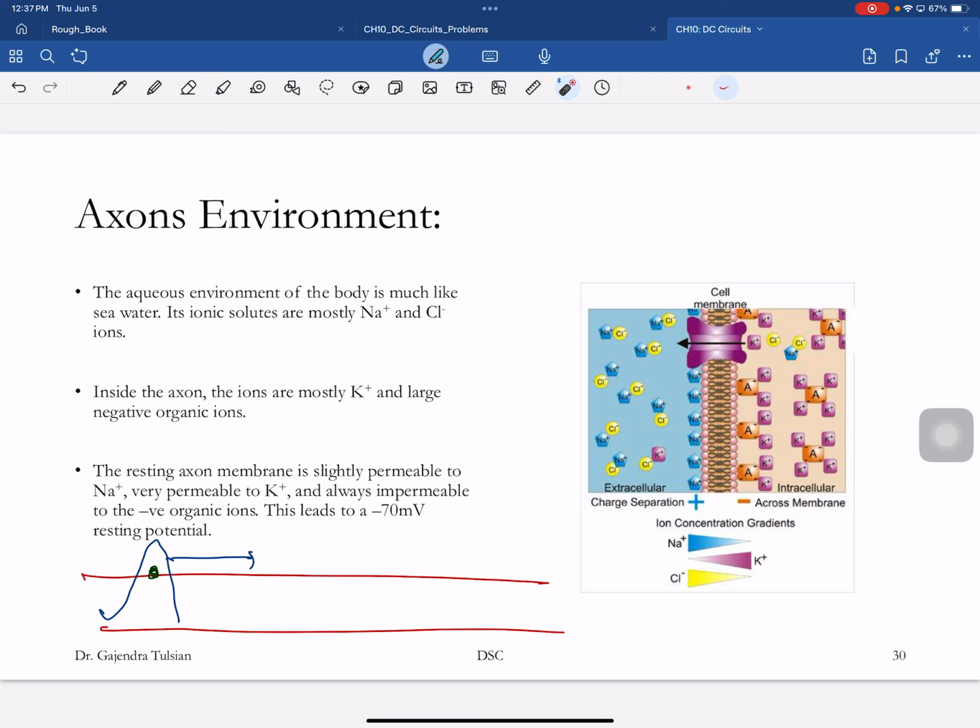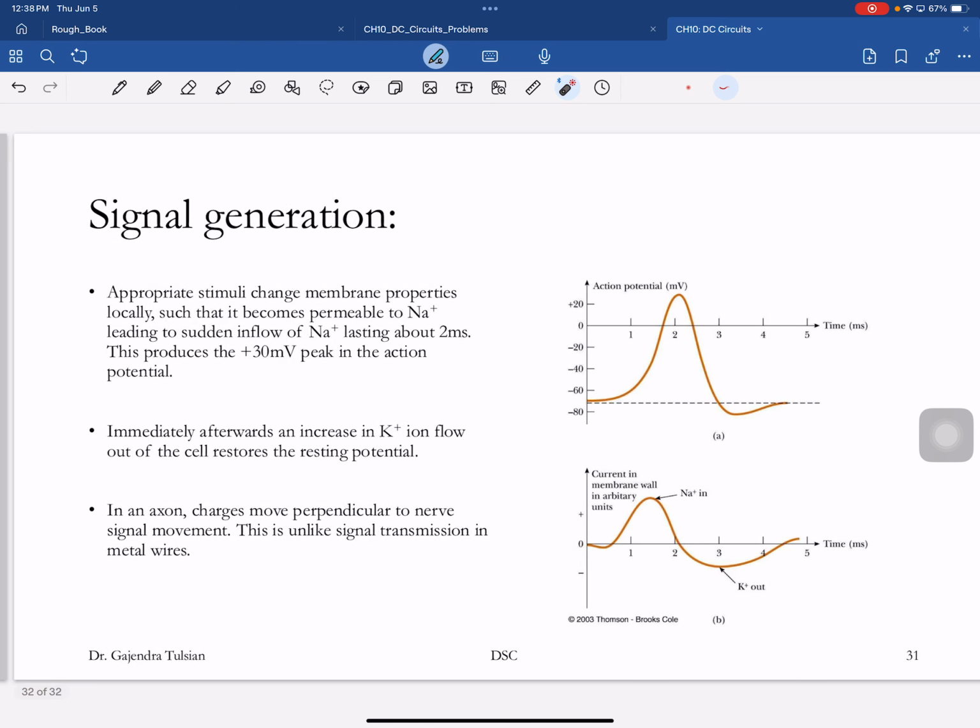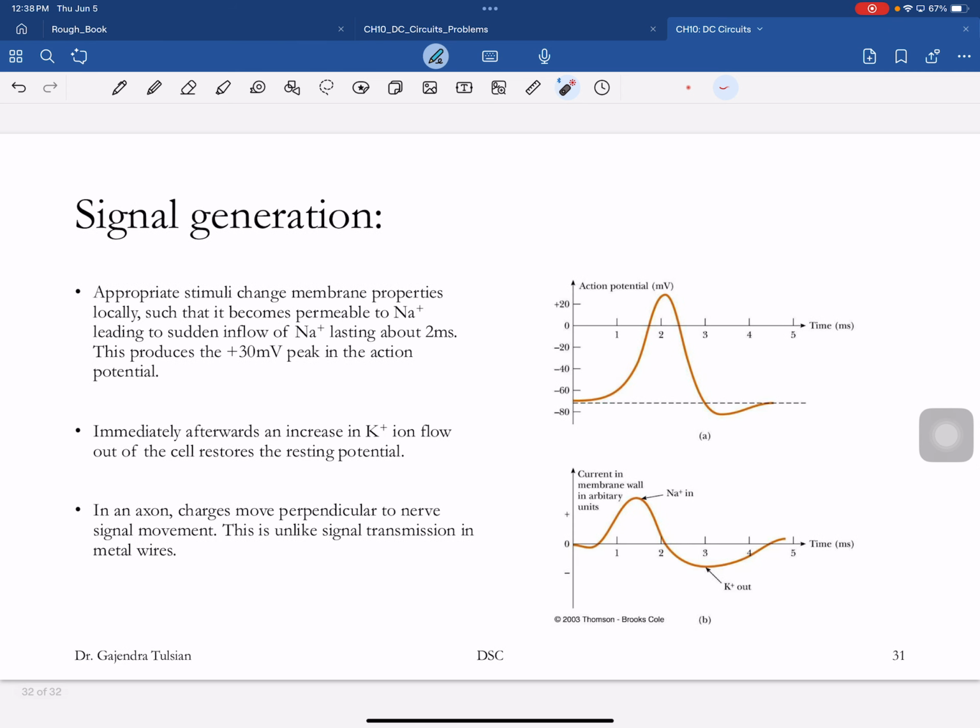You've got to put these sodium ions back and bring these potassium ions back in. That costs energy. 20% of your energy is spent on that. All right, so that's how stuff works.